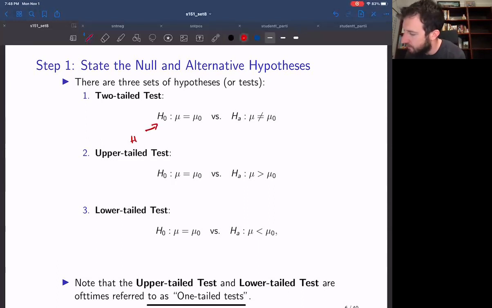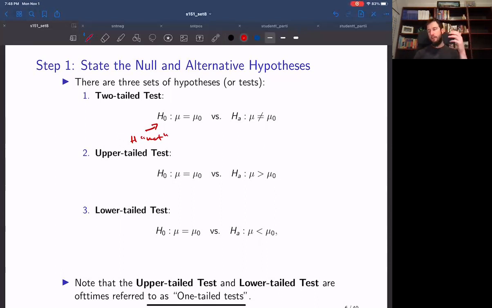H naught, like H0, H-O, you can call it whatever you want. The population mean equals some number. That will be the same regardless of the question. The alternative hypothesis will change depending on what you're asking.